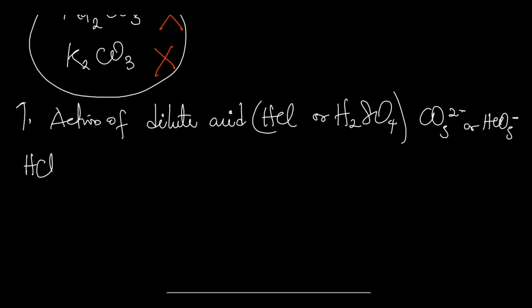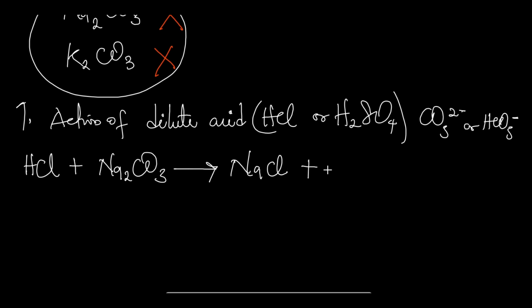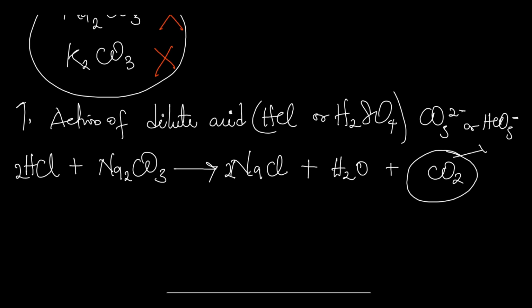We know that when an acid reacts with a carbonate, let's say sodium carbonate, it will give you the salt of the acid, sodium chloride, plus water plus carbon dioxide gas. Alright, you can go further to balance this equation. So this carbon dioxide gas produced can then be determined using calcium hydroxide.